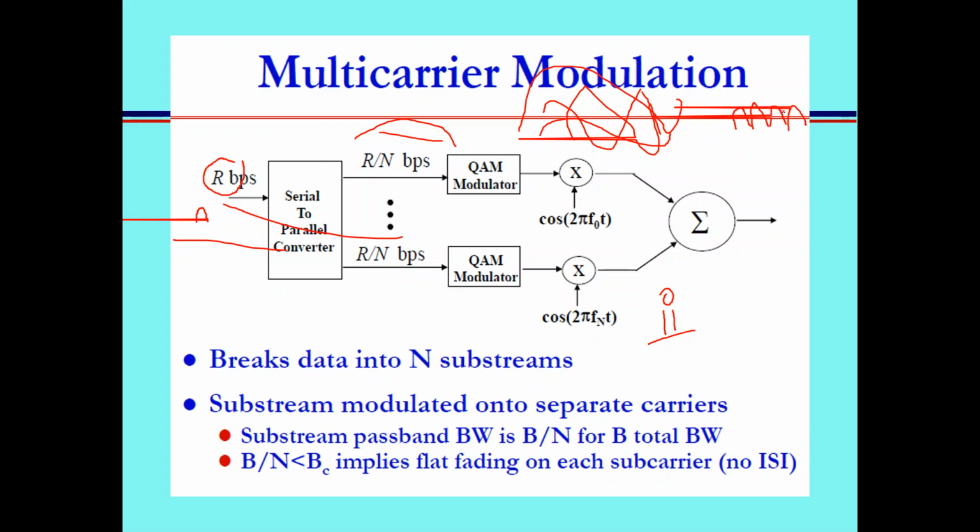You cannot detect your signal. That's why OFDM is very sensitive to mobility. You need complex techniques to handle it. So OFDM is robust against intersymbol interference or time dispersion, but it's not robust against mobility, Doppler. It's very sensitive to it.